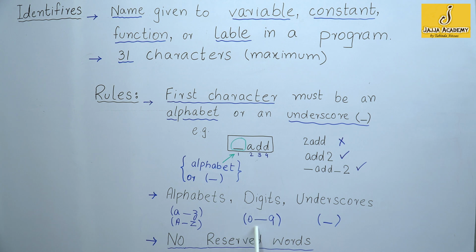All digits are allowed to write identifiers names, but a digit must not be the first character of a variable or identifier. Third is underscores. Underscores are also allowed while writing identifiers names. Identifier's name should not be a reserved word. Reserved words are also known as keywords, and I will explain reserved words after the completion of the identifiers topic.